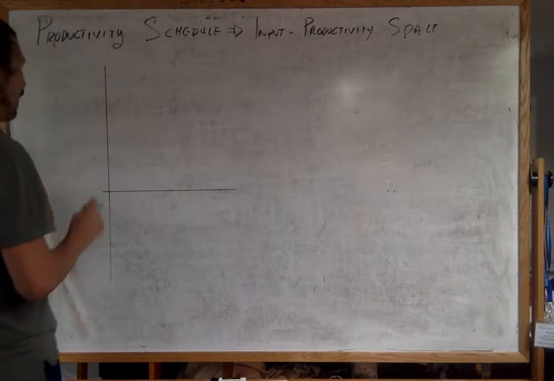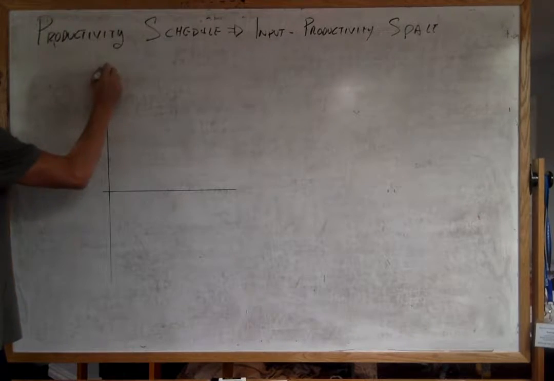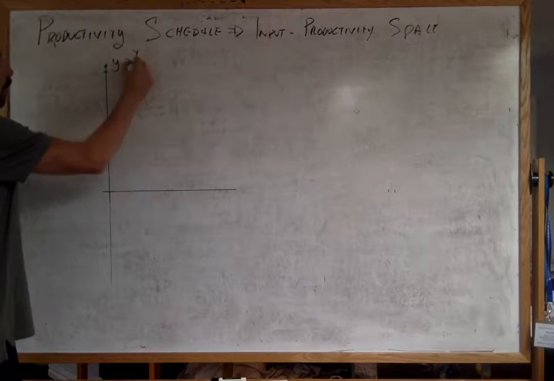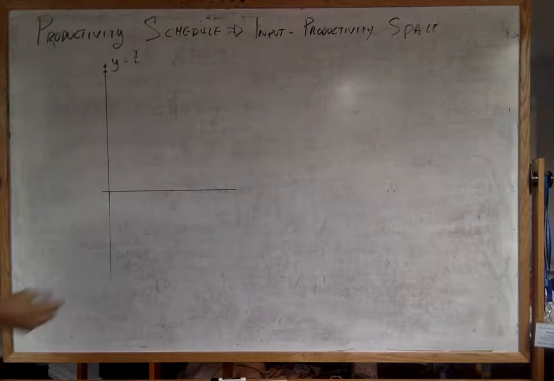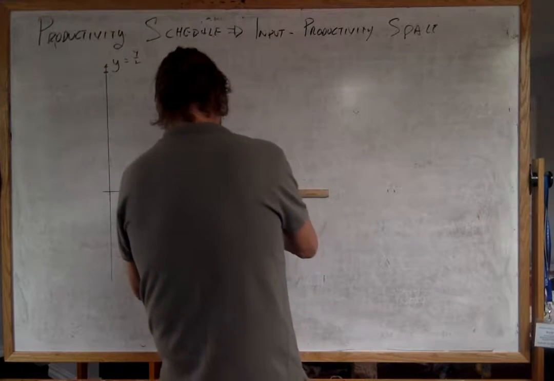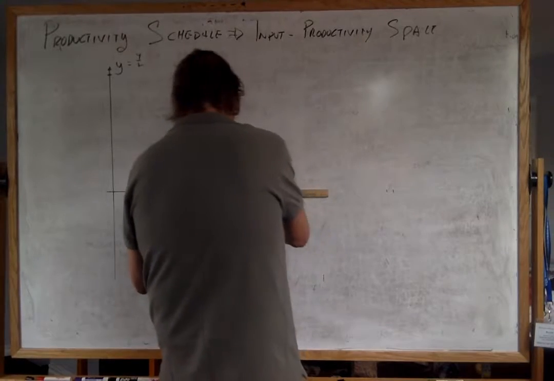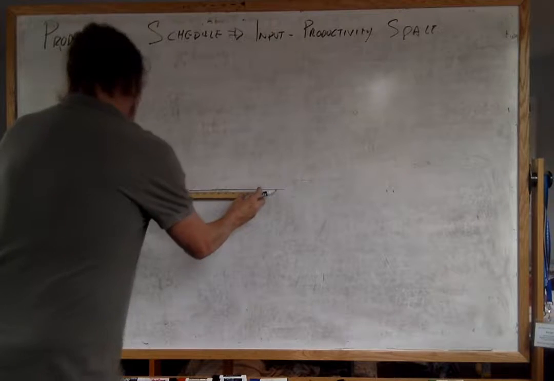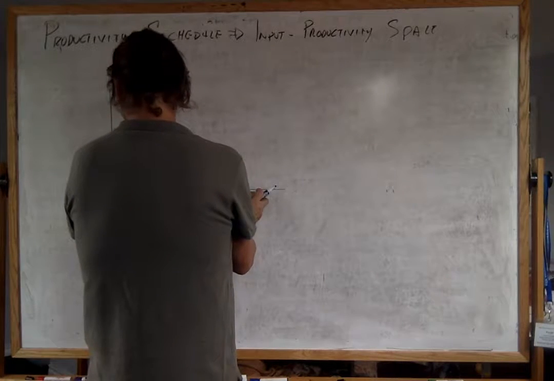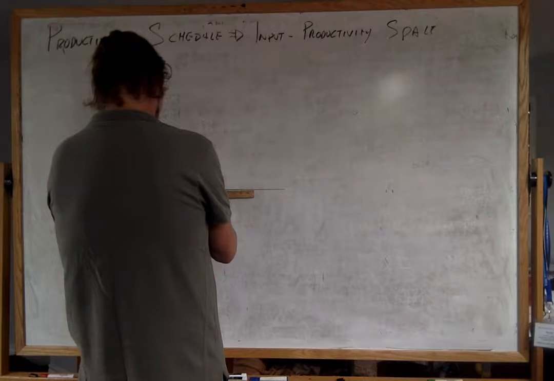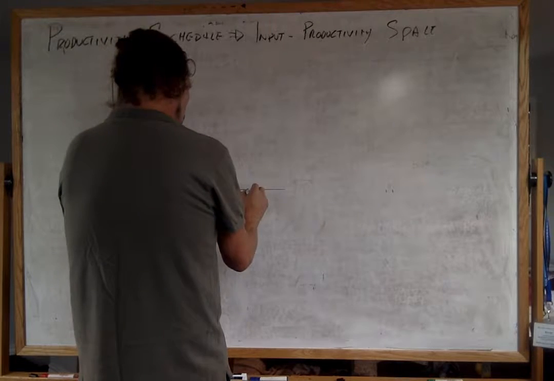Okay, and so what you have is this. This is going to be the productivity of labor, which is equal to Y over L. And this is going to be the productivity of capital, right here, this one here and this one here.